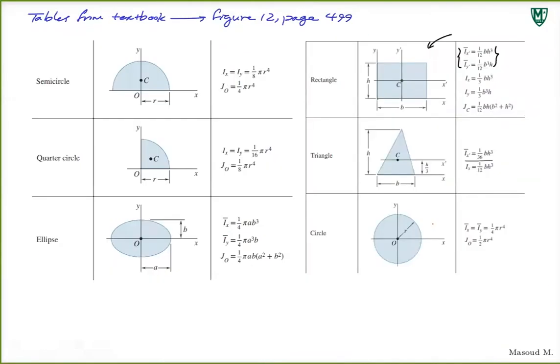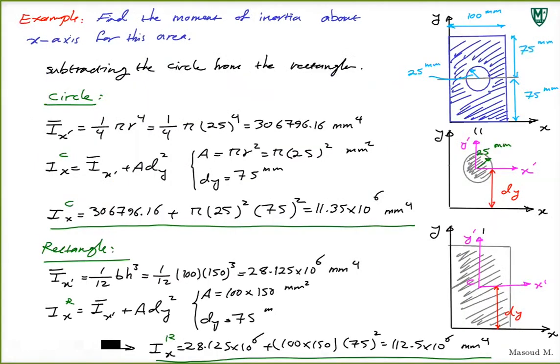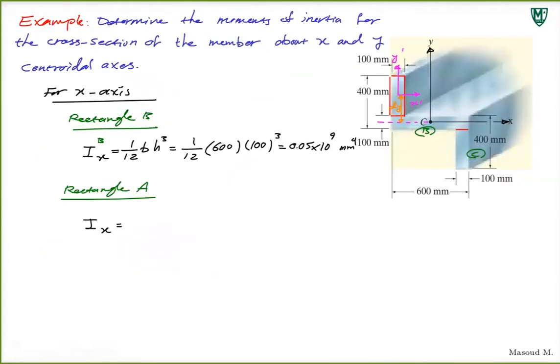I know these, but I have to use parallel axis theorem to find the area moment of inertia about a different axis, parallel to this axis, which is X. So Ix would be Ix prime bar plus A dy squared.